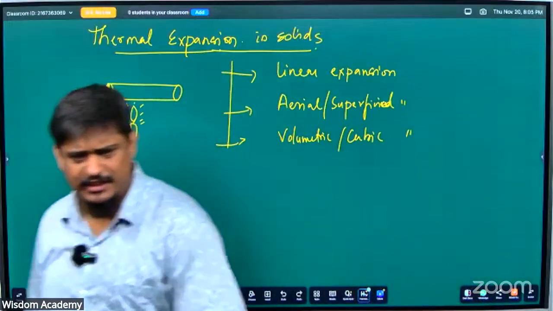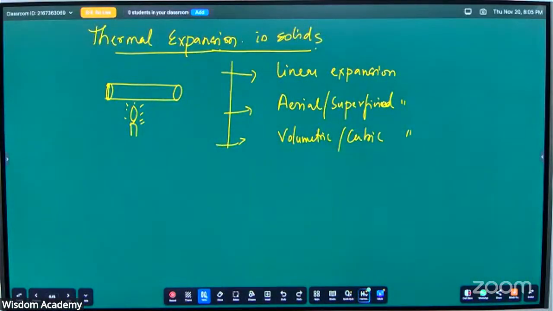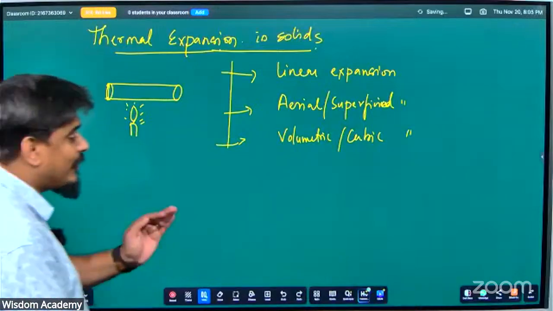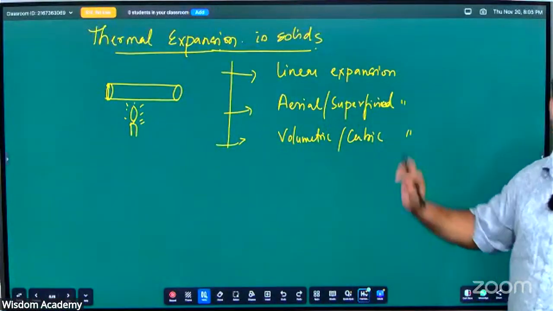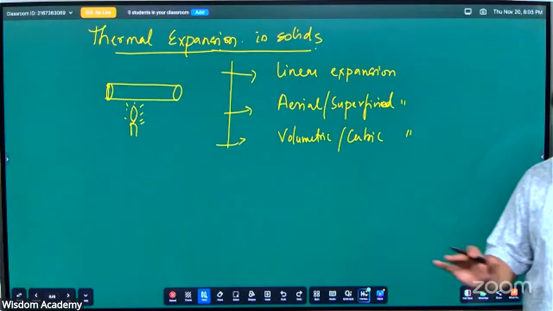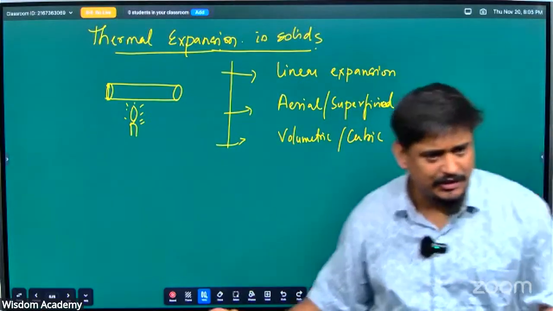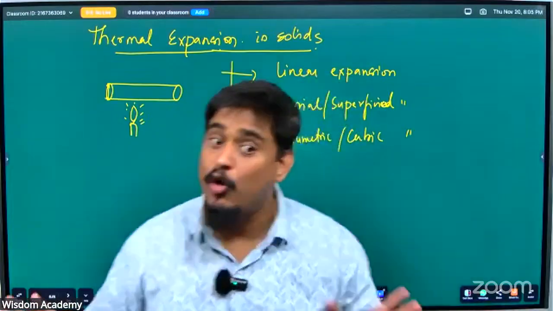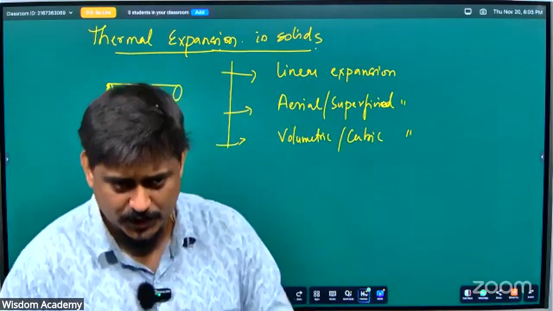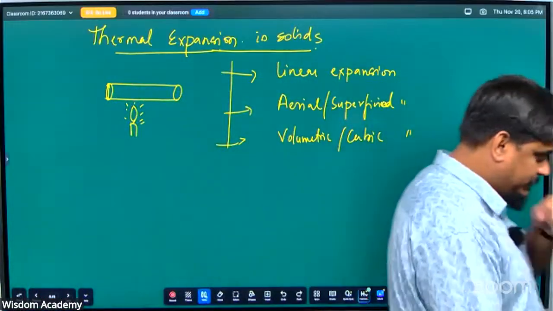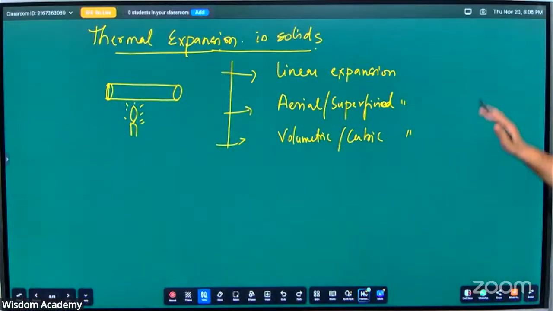Obviously, all three may change. Length may change, area may change, volume may change. If you are specifically talking about only length, it is called linear expansion. If you're talking about area change, it is areal expansion. And if you're talking about volume change, it is cubic expansion or volumetric expansion. Okay. So we'll talk about all these things one by one.